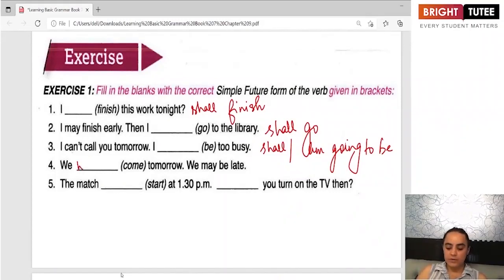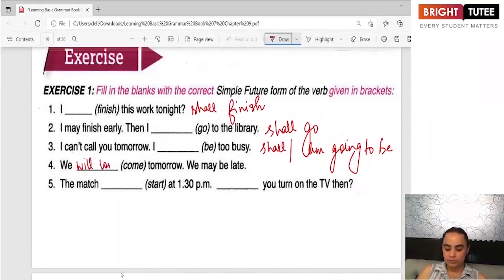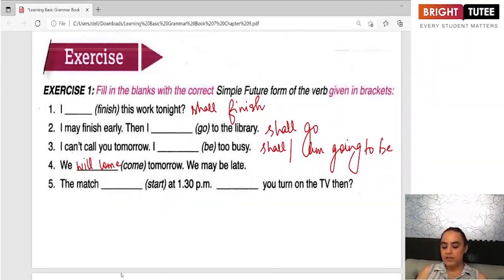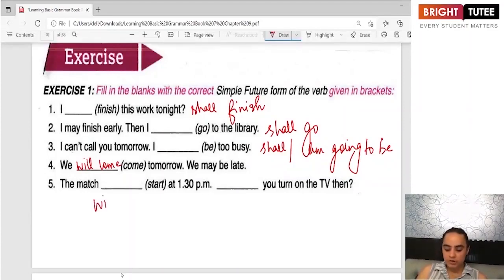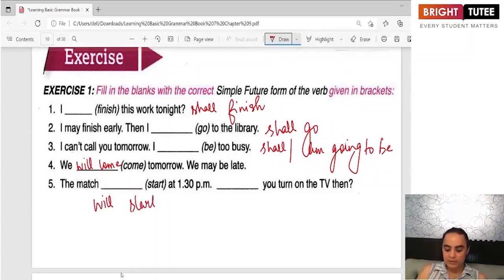So, we will come tomorrow. We may be late. The match dash at 1:30 p.m. Dash you turn on the TV then. So, the match will start at 1:30 p.m. Will you turn on the TV then?